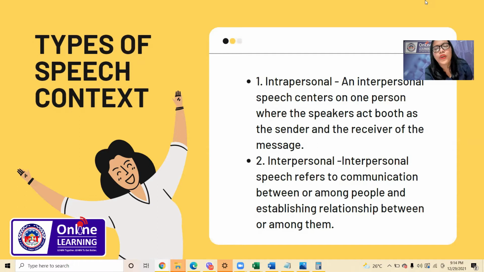The second one is the interpersonal speech, wherein you are having communication between two or more people. You're establishing a relationship among them. So intrapersonal is one person to talk with, but with interpersonal, you are referring to more people.